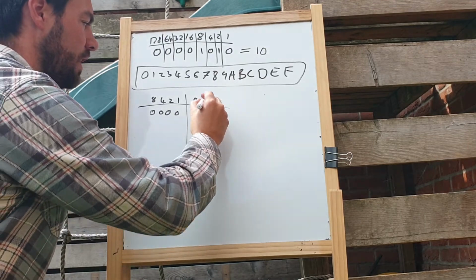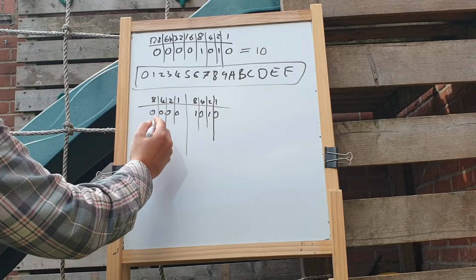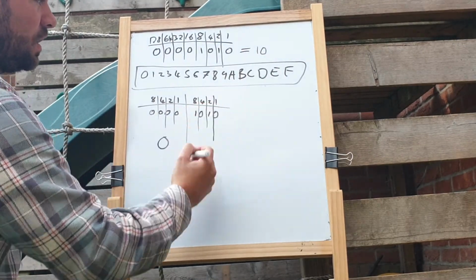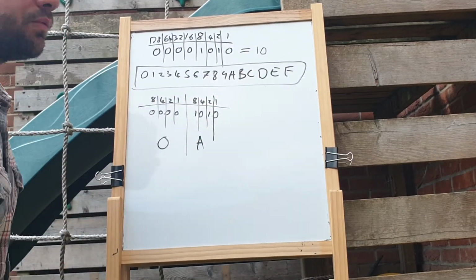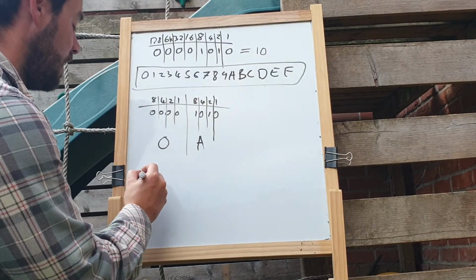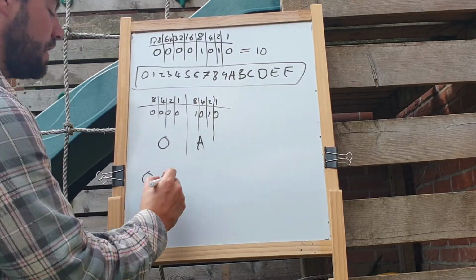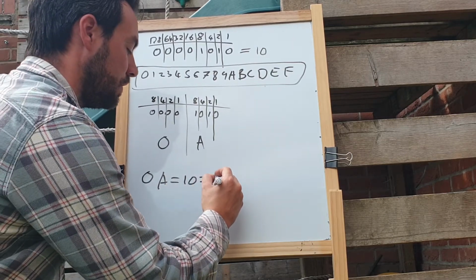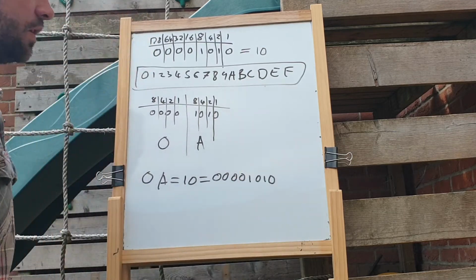And now I can work out what my hexadecimal number is. You notice I've got nothing there, so that is 0. And here I've got 8, 9, 10, so my 10th number is A. So if I'm talking over the phone and I wanted somebody to write this down, I can say it's 0A, and that's equivalent to 10 in decimal, or equivalent to 00001010 in binary.